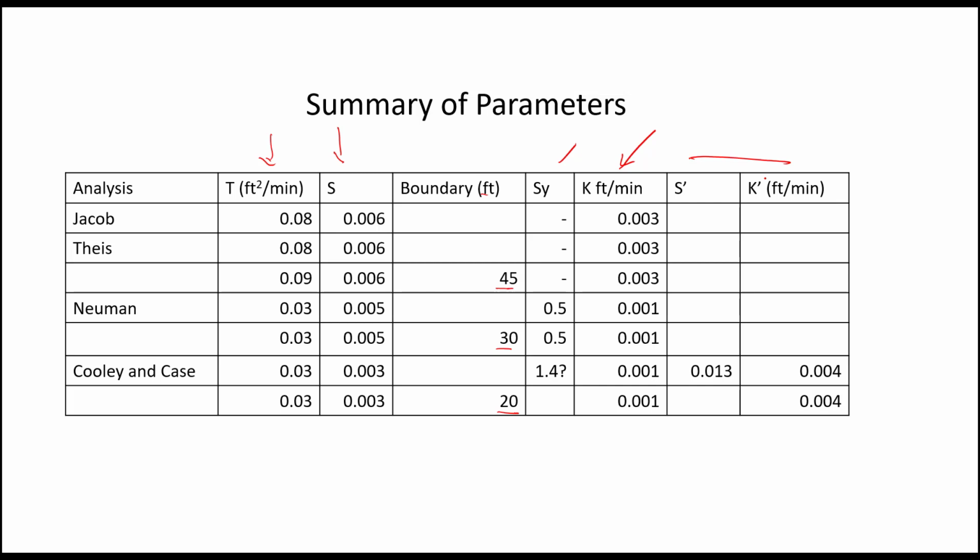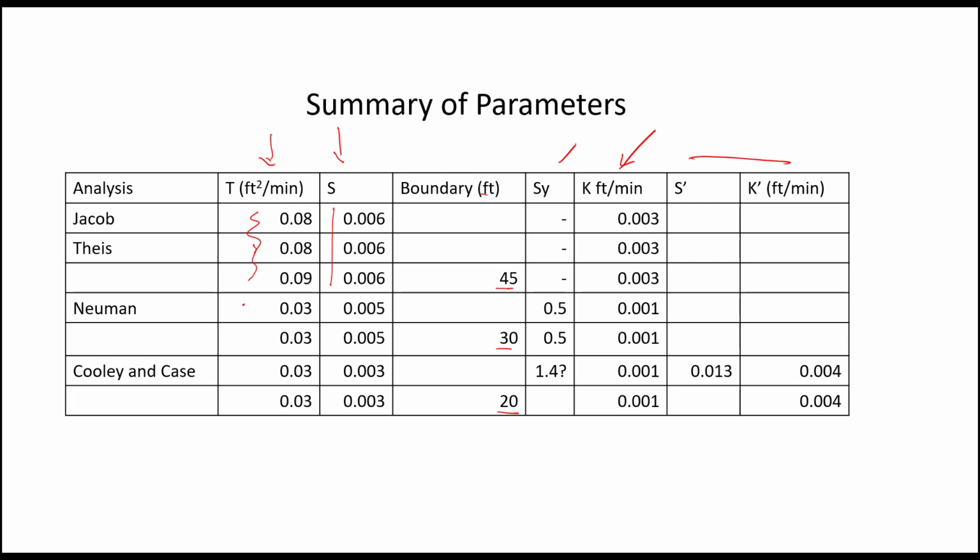So what you can see by comparing these is that these first two analyses that assume the aquifer is confined give a transmissivity of 0.08, 0.09, something like that, and a storativity of 0.006.